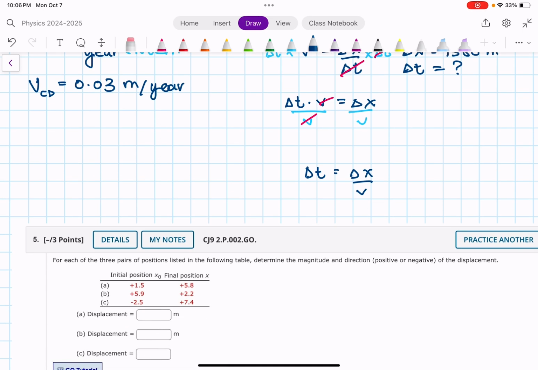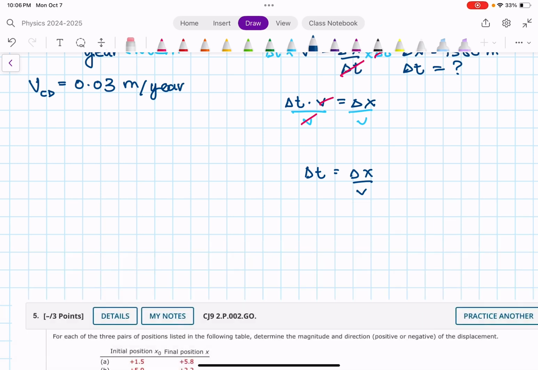So plugging in all the information that we have, we can say delta t equals 1380 meters divided by 0.03. So this is meters, and this is meters per year. So if you've got meters per year on the denominator, this flips when it goes to the top.